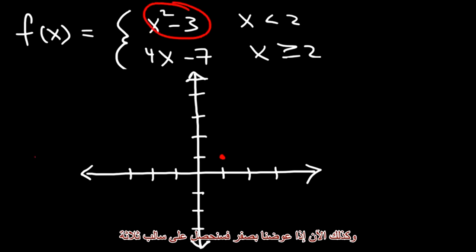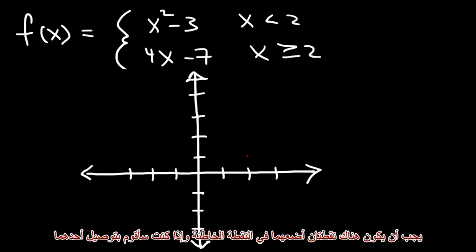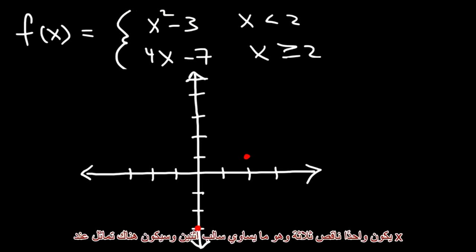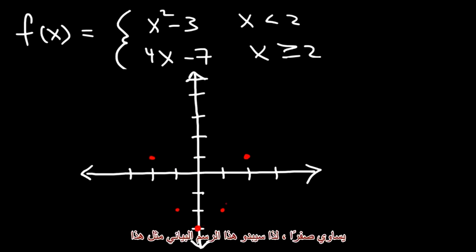Now if we plug in 0, we're going to get negative 3. This should be 2, 1. I put the wrong point. And if I were to plug in 1, it will be 1 minus 3, which is negative 2. And there's going to be symmetry at x equals 0.